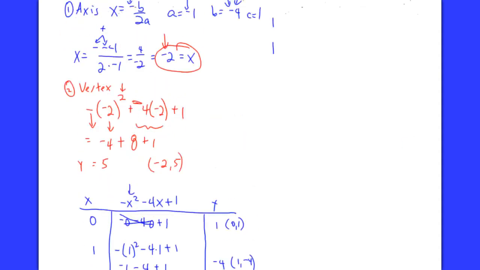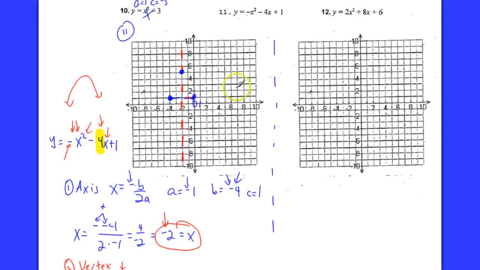Okay, let's plot 1, negative 4. Here's 1, here's negative 4. Now notice how that's 1, 2, 3 spaces from the axis of symmetry. So let's go 3 the other way. 1, 2, 3, and you have it right there.